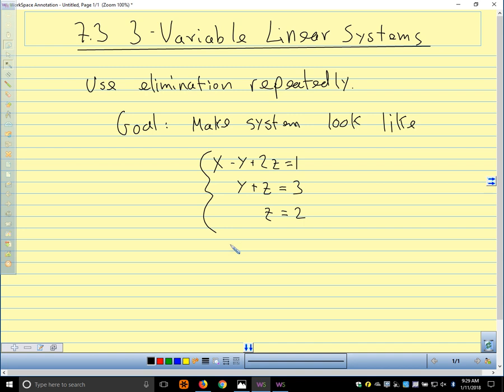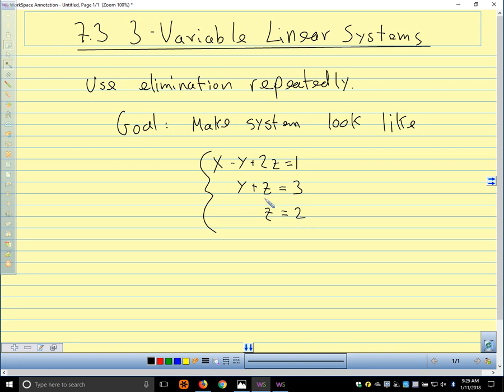So we're going to use elimination to get rid of the x that was here and the x that was here, and we're going to use elimination to get rid of the y that was there. And then this lets us see that z equals 2.